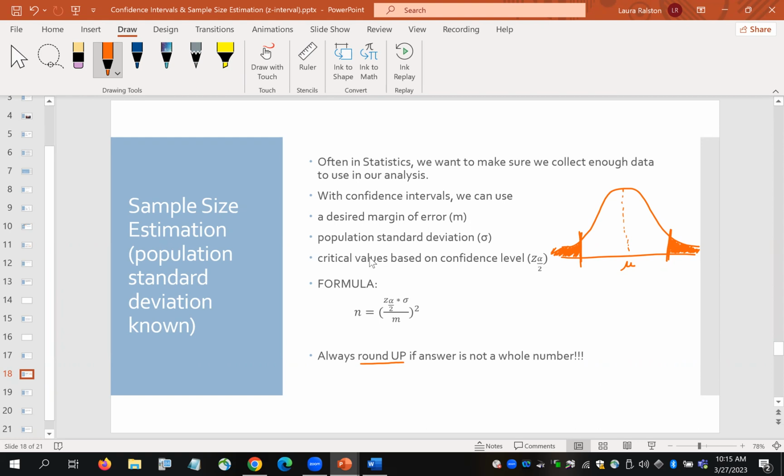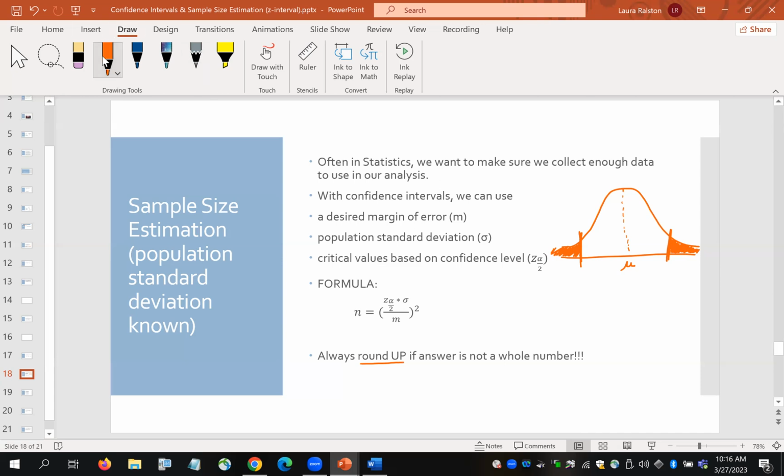We will always round up because you're thinking about whole units. Typically, with data, you're collecting surveys from people, or you're looking at reports, and you cannot have half a report, a third of a report, half a person, a quarter of a person. So we always round up.